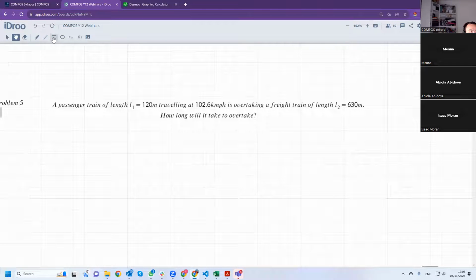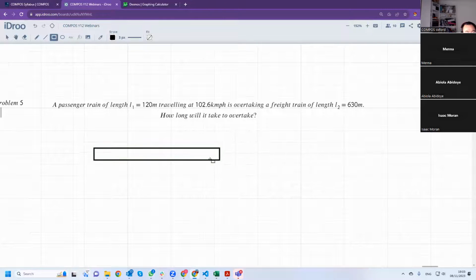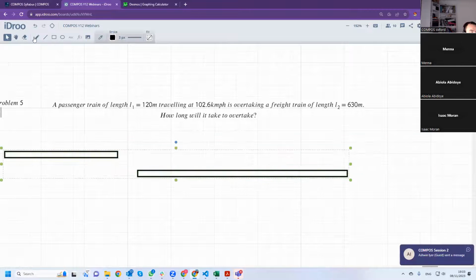Anyways, they're traveling on parallel tracks. So we have a short passenger train and a longer freight train, and the passenger train is moving faster.